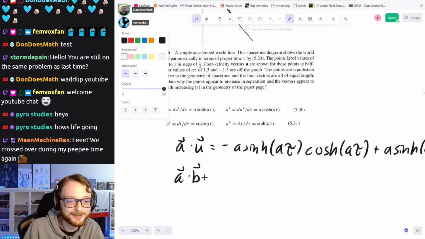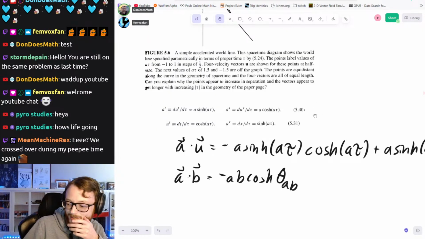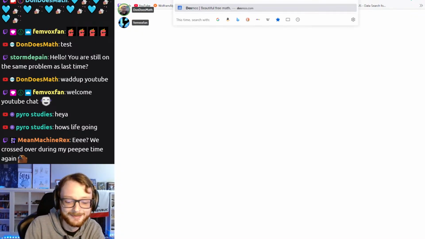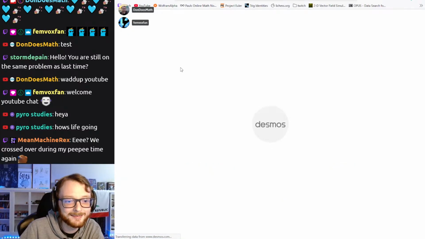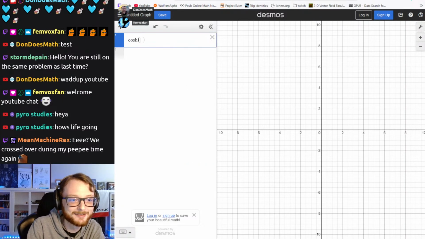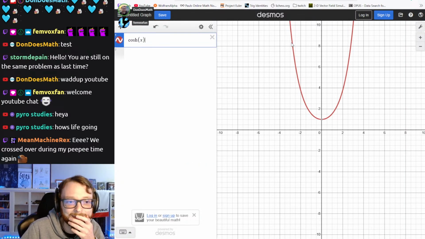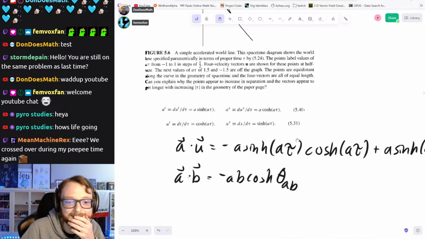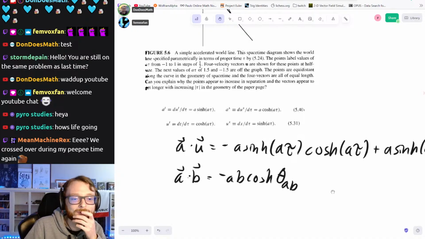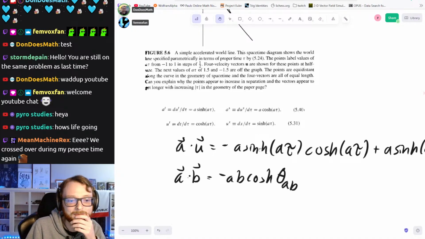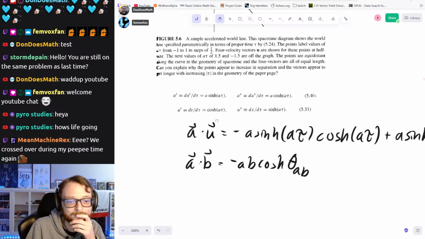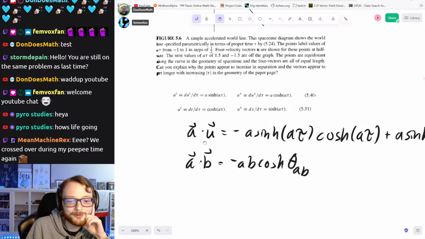Yeah, that we never actually did. Is cosh ever zero? No, I don't think so either. I think it's even and it goes through 1. But the magnitude of the velocity and acceleration isn't zero either. So I don't know how that works.